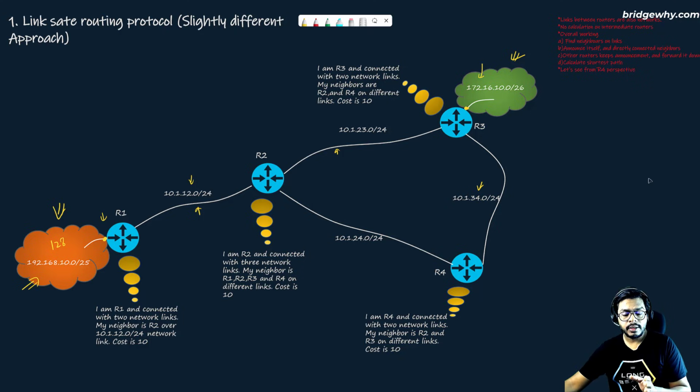And what is the meaning here? The meaning here is 34. It is the link between router number 3 and router number 4. So irrespective of the fact that you are seeing this IP address, you can straight away draw a conclusion that 10.1.34.0 means it is a network between routers 3 and 4. It is as simple as that. So this was a little bit of information about this topology, which you all know.